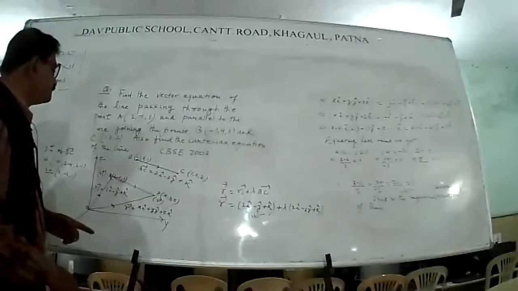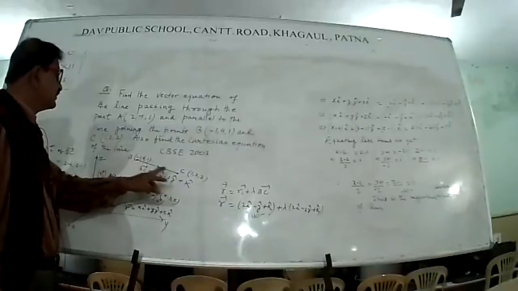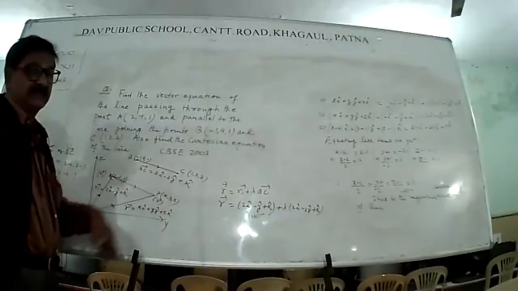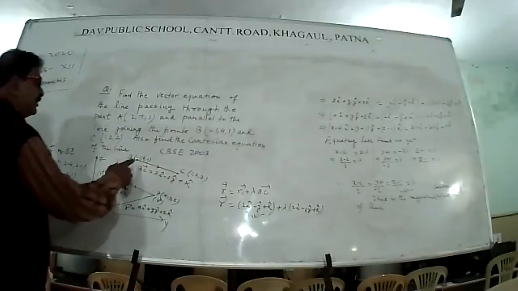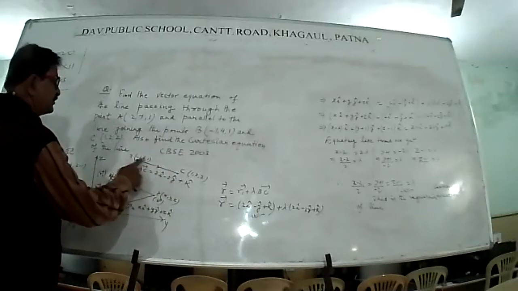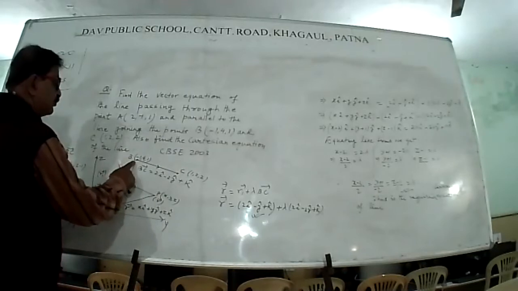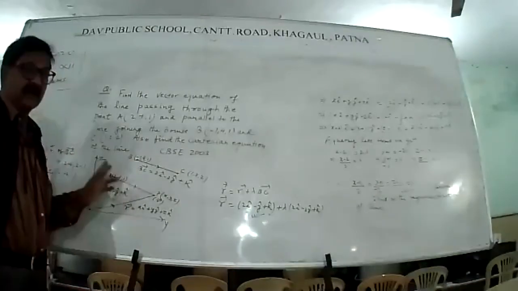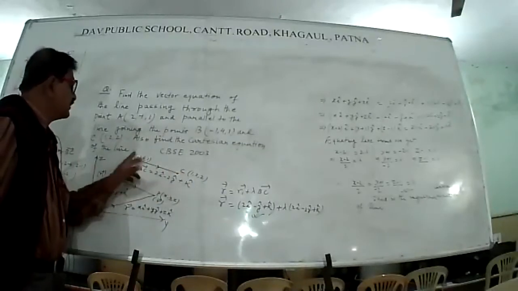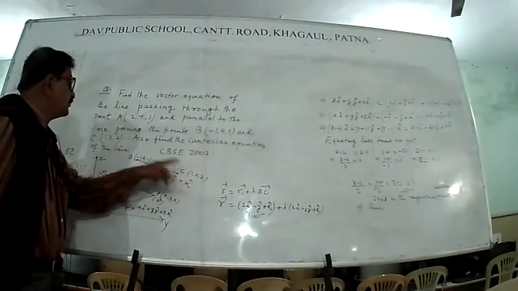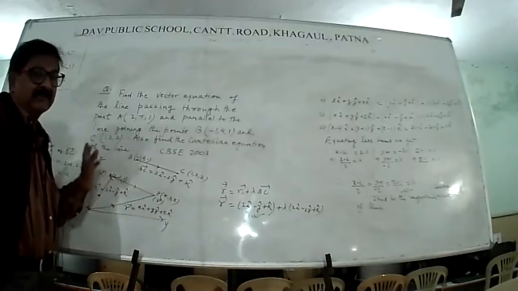So first of all, we find the direction ratios of the vector BC. How can we find the direction ratios? To find the direction ratios of the line joining the points BC, x2 minus x1, y2 minus y1, z2 minus z1 are the direction ratios.